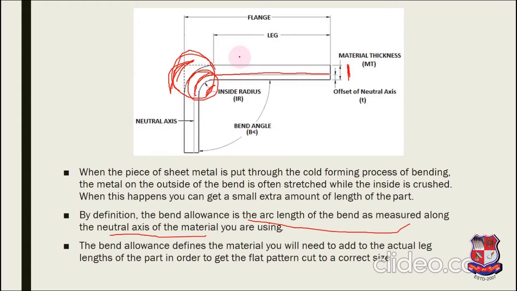You can see here this leg, which is our flat part. If we do not consider the bending allowance, this leg will be somewhat less than the actual value. So if we want the actual correct final dimension, you need to add some material to the length before the bending operation.